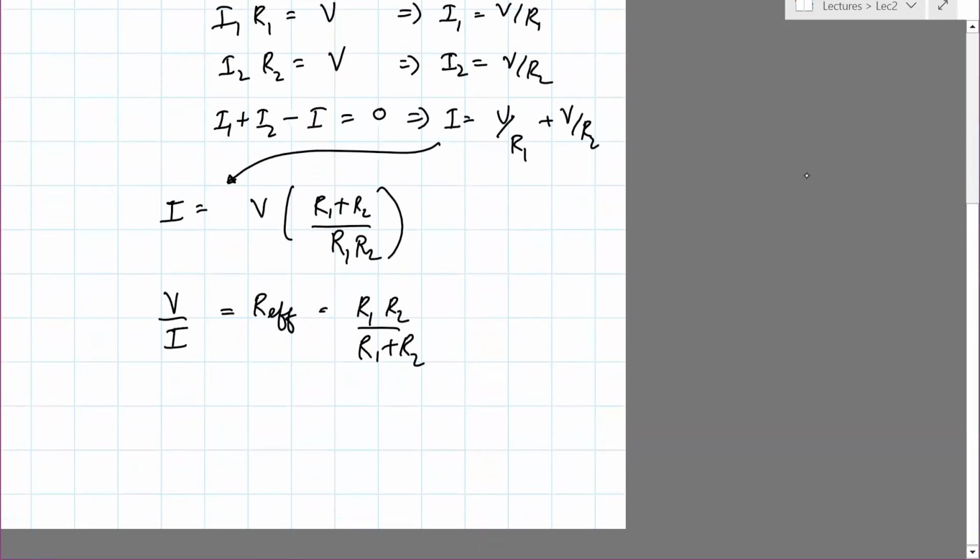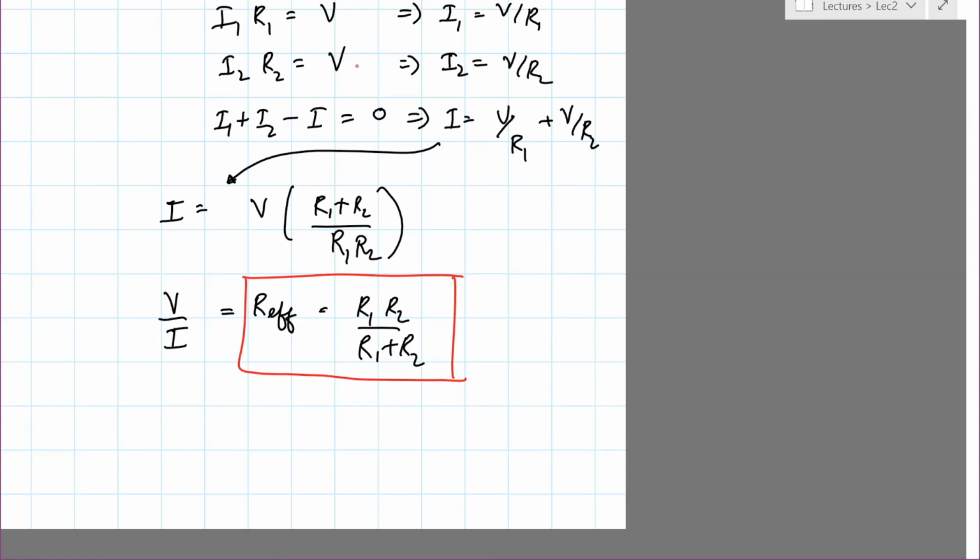So the effective resistance is what I have here, which is R1 times R2 divided by R1 plus R2. Something which you should probably remember because it comes so very often when you work with hardware.